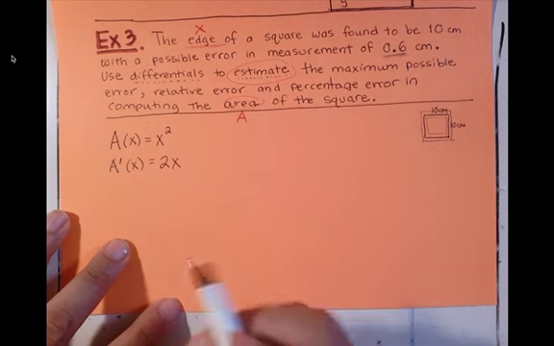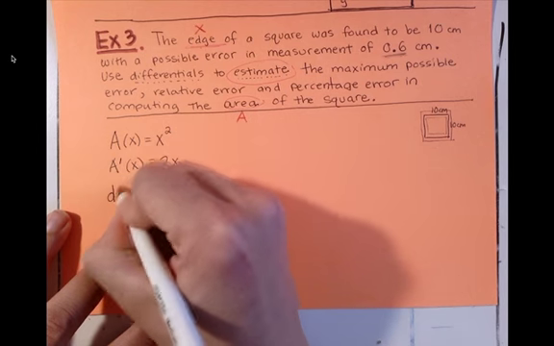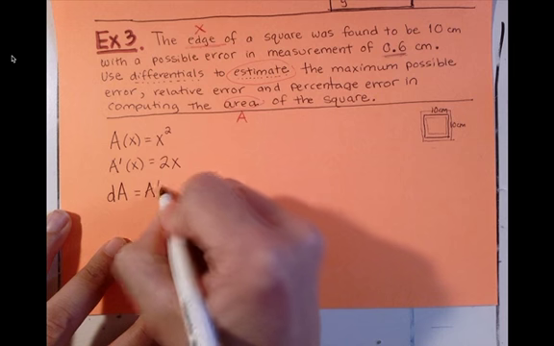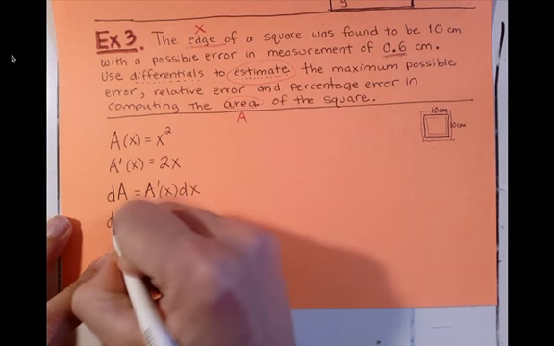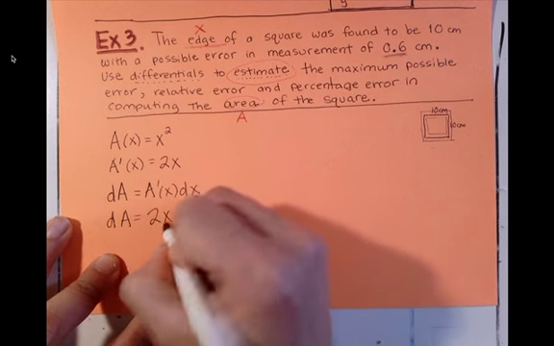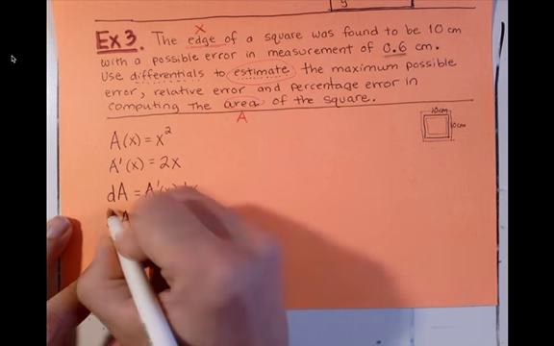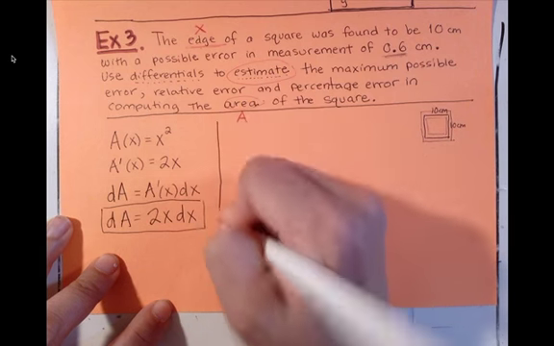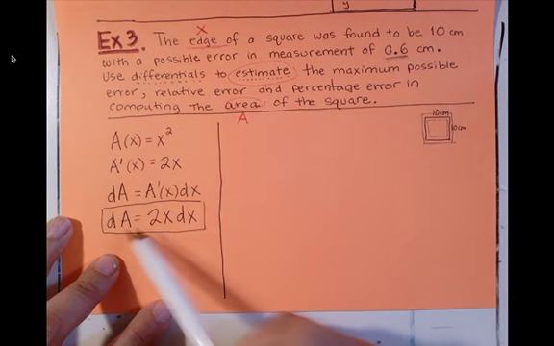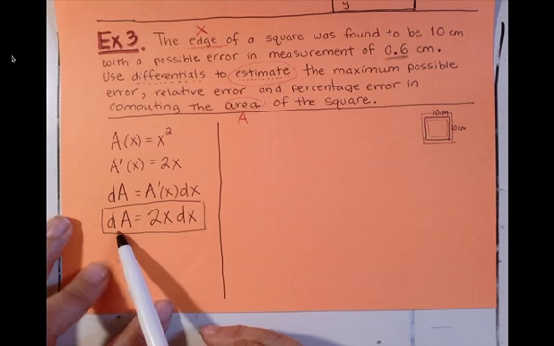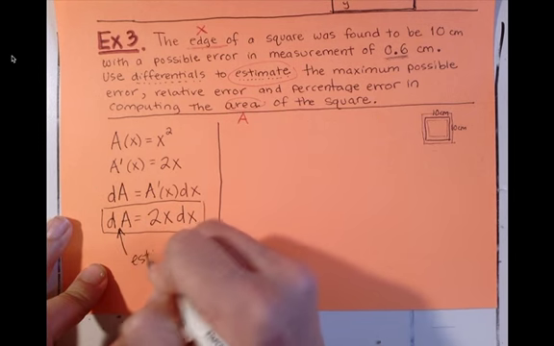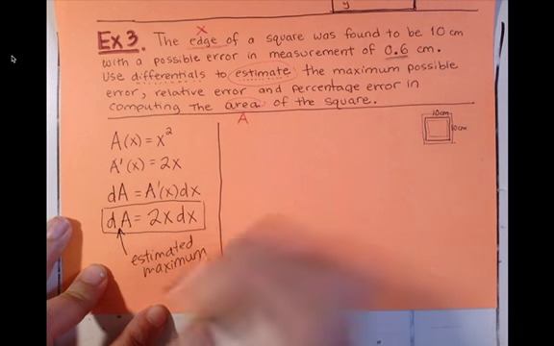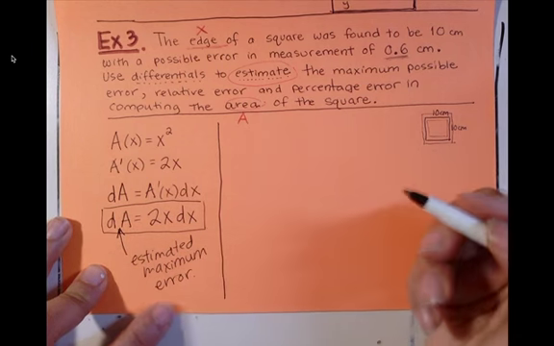So my area differential is given by dA equal to A prime of x times dx. So the differential is 2x times dx. That's my differential. Now remember that the differential gives us the estimated maximum error. It's just an estimate though.